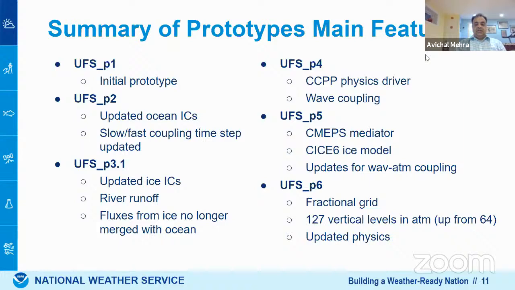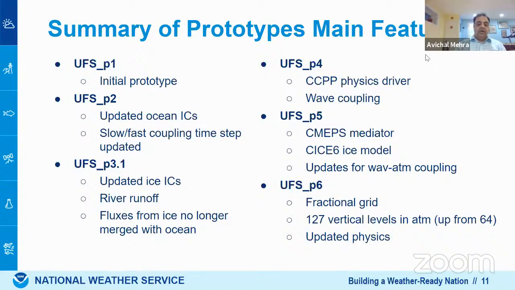So here's a summary of the main features. Prototype 1 was our first 3-way coupled system using FV3, MOM6, and CICE5. With prototype 2, we got better updated ocean initial conditions from CPC, and we changed the coupling strategy, introducing slow and fast coupling time steps.